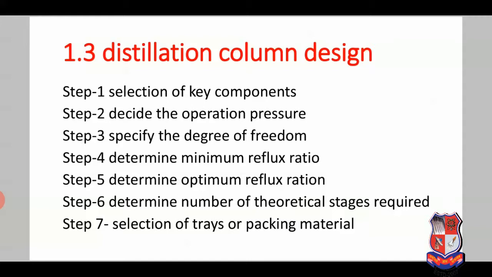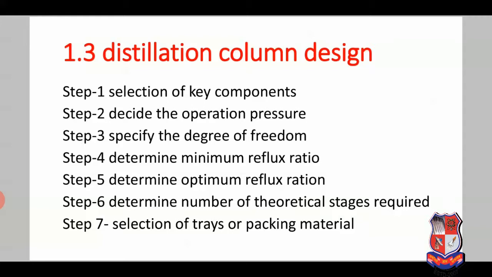Now you have two options. First option is a tray tower and the second option is a packed tower. In case you have selected a tray tower, then you need to go for the types of tray: sieve tray, bubble cap tray, valve tray, Linde tray. So you need to select the best tray for your operation.